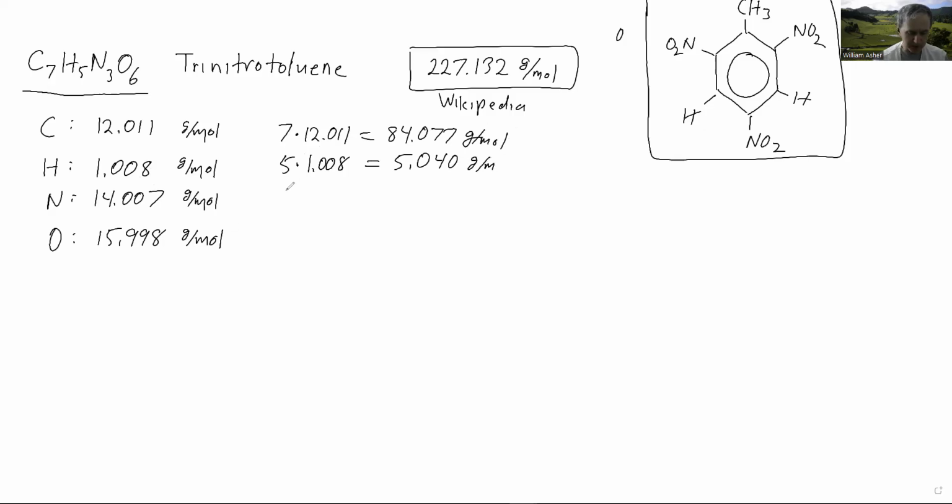And there are 3 nitrogens, so it's 3 times 14.007, which is going to equal... no, I'm sorry, 42.021 grams per mole.